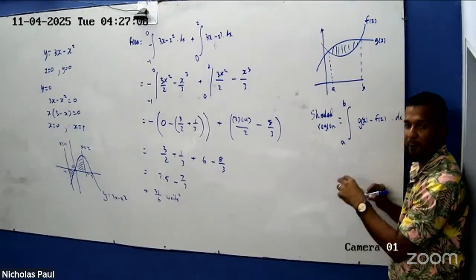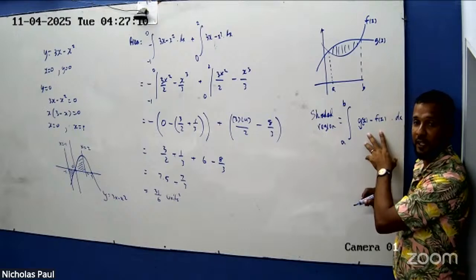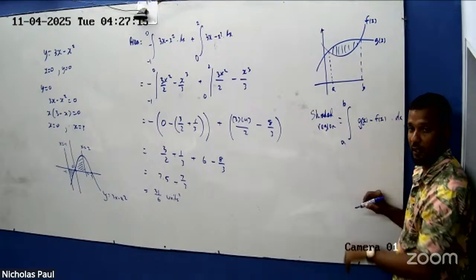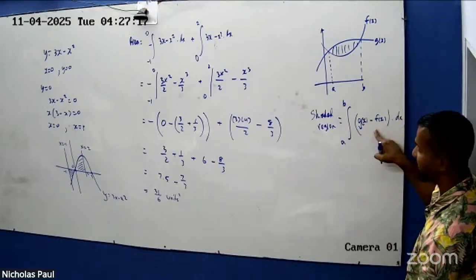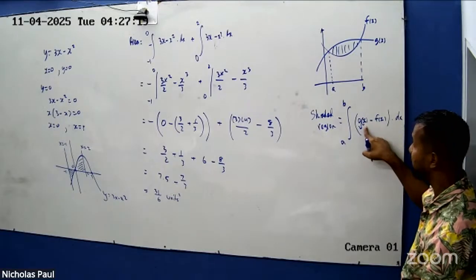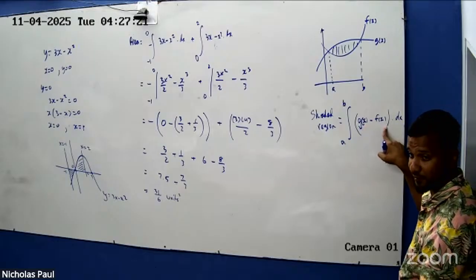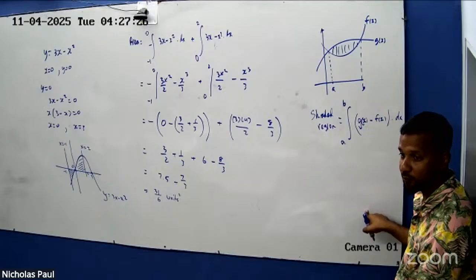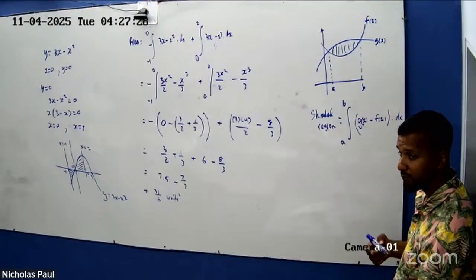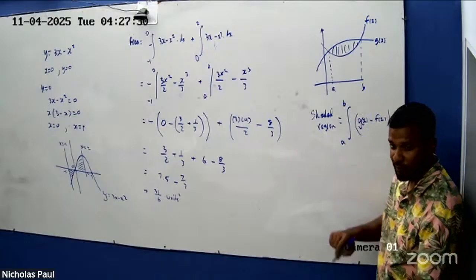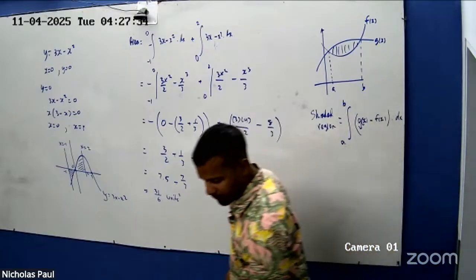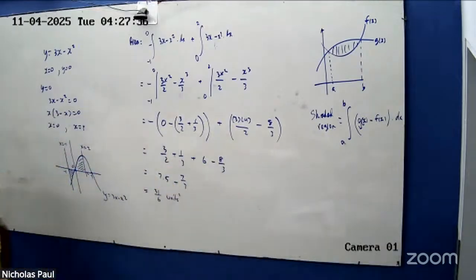So that means we don't have to do it twice. You don't have to integrate this, then integrate this, and then minus it. What I'm saying is you can work out g of x minus f of x first, and then integrate it. It becomes much shorter. Technically, you can do it the other way as well. So all you have to do is find the area of the bigger one minus the smaller one.